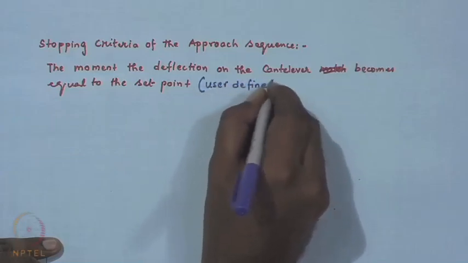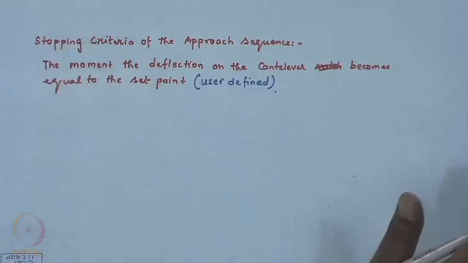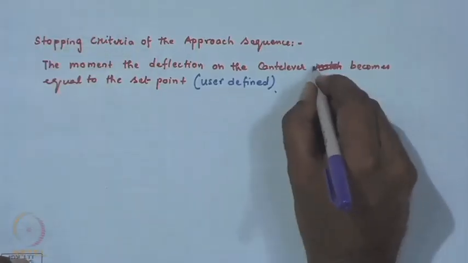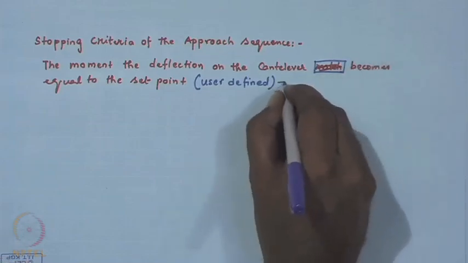And this force at which you would like to scan is a function of whole lot of things: stickiness of the surface, stiffness of the surface, and to a large extent is a function of operator choice and operator experience.